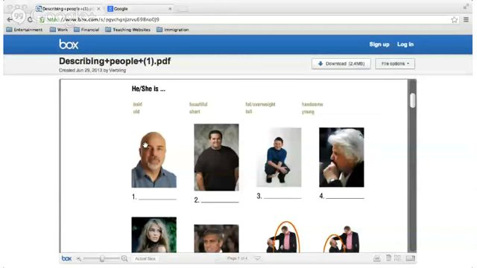Class, what happens if you can't think of the word bald? What other words can we use to describe someone that is bald? Person without hair.